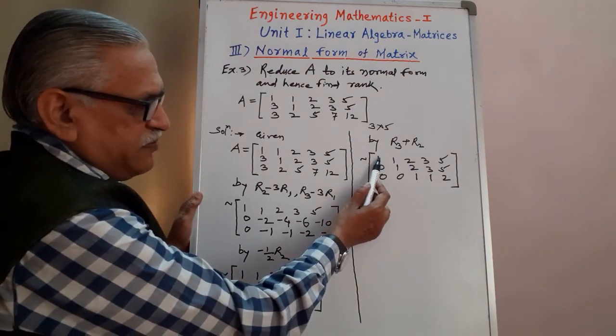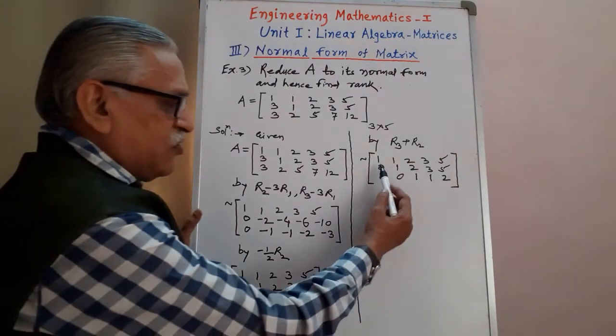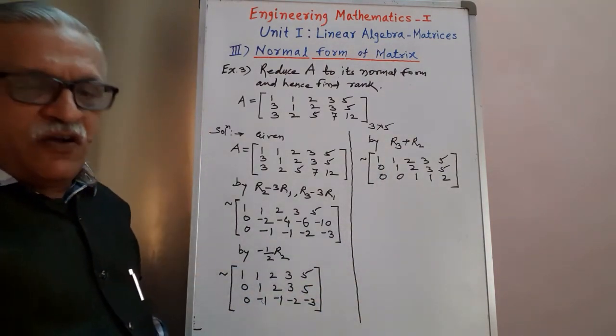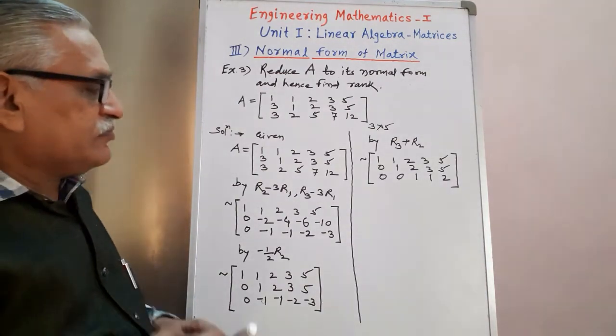All the principal diagonal elements are 1, 1, 1 each, and the lower elements are 0. Whatever form we are getting here, that form is called a canonical form.